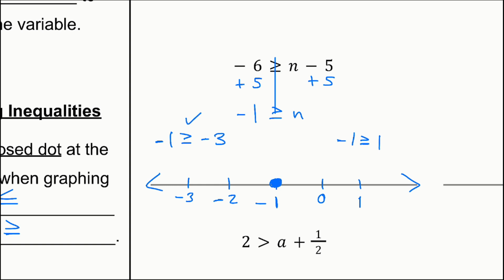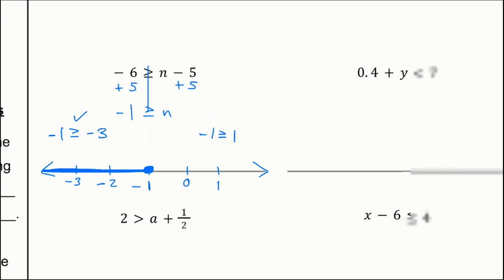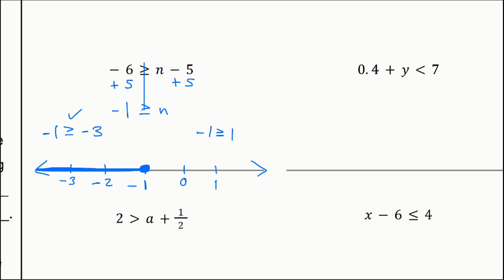The answer is -3. So we shade in the direction of whichever solution makes the inequality true. There's a whole lot of talking for such a simple problem, but that's all right. The next ones will move a little bit quicker. So going to the right, we've got 0.4 plus y is less than 7.